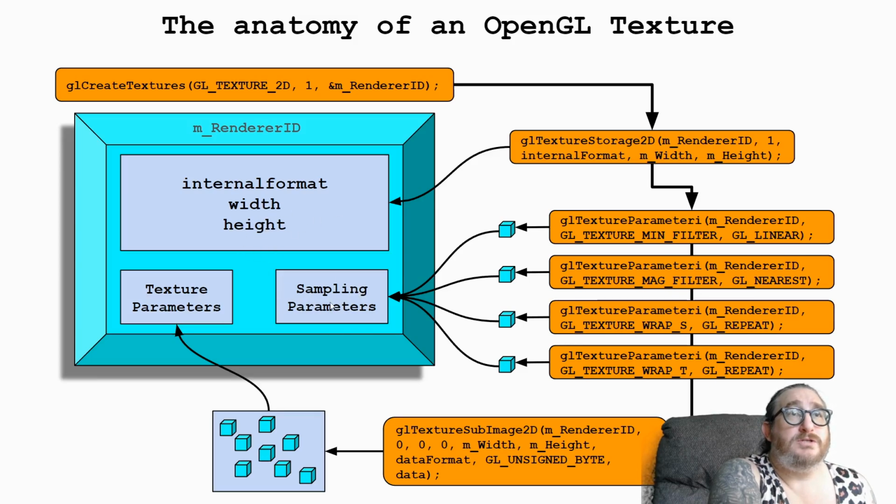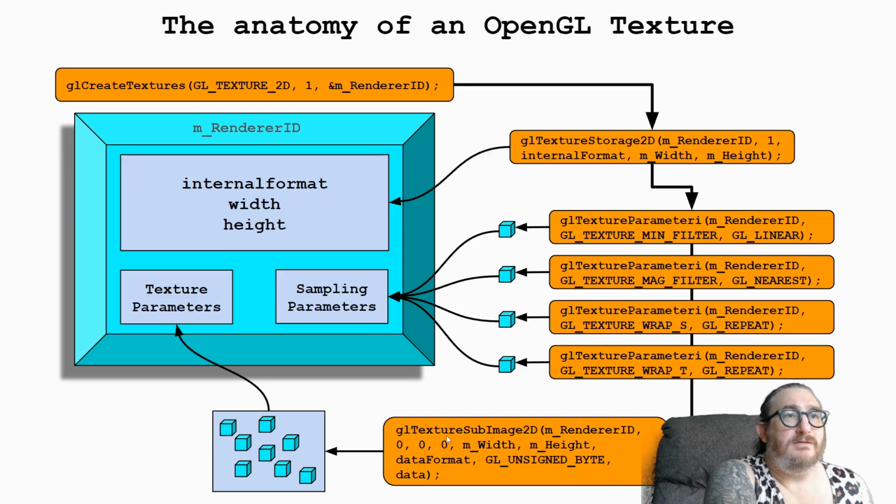Then we're going to tell you what to do if we shrink the object, magnify the object, or what do we do at the edges of our texture. Those are all going to get loaded into sampling parameters.